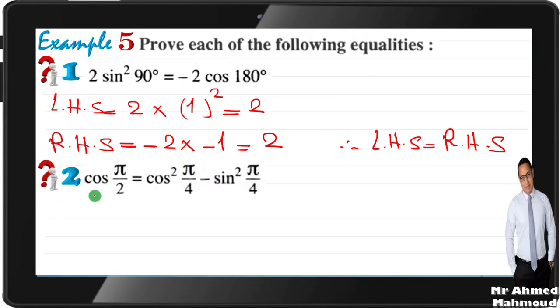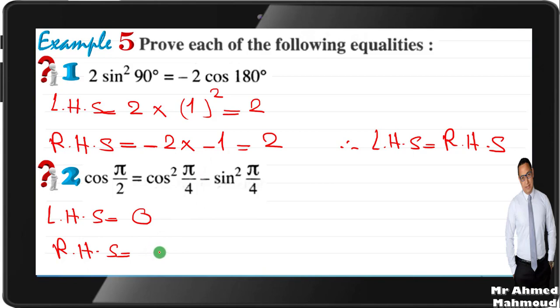Pi over 2, which is 90. The left hand side equals cosine 90, which equals 0, and the right hand side is cosine square pi over 4, which is 45.